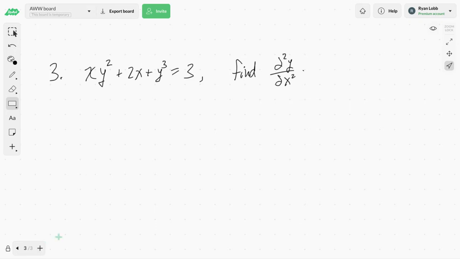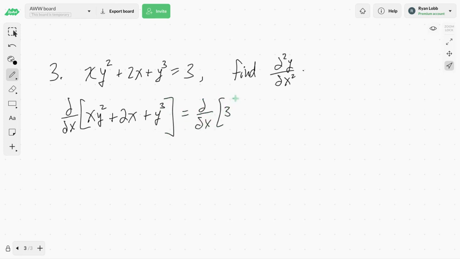And one more, a little more going on here, second derivative in terms of x and y. So now we've got this implicitly defined function. We want to take our derivative on the left of all this stuff, xy squared plus 2x plus y cubed. Over here we've got product rule, x times y squared.